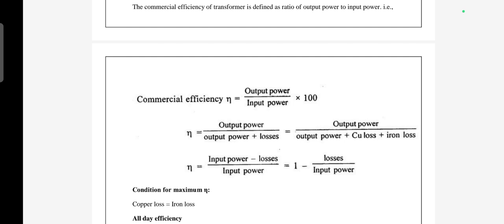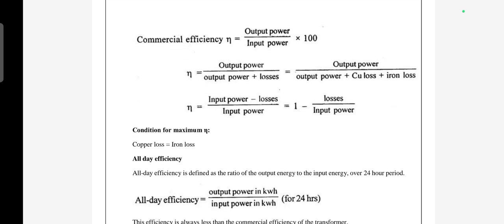Also, eta is equal to input power minus losses divided by input power, which is 1 minus losses divided by input power. The condition for maximum efficiency is that the copper loss should be equal to the iron loss.